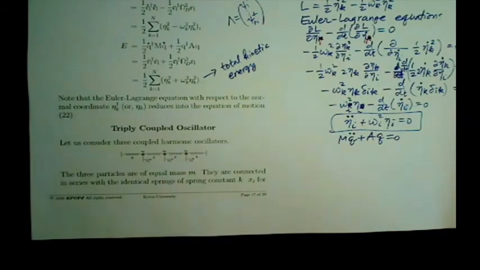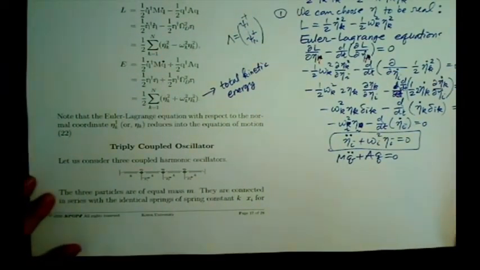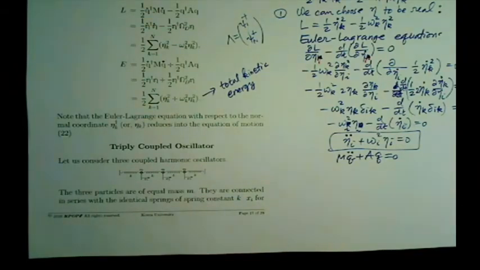Next, we consider the triply coupled oscillator. What we have done until now is find the equation of motion and the solution for the doubly coupled oscillator, and then obtain the normal coordinates by making use of the diagonalization of a Hermitian matrix.